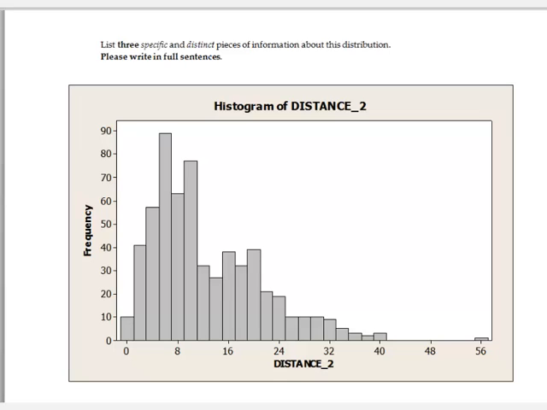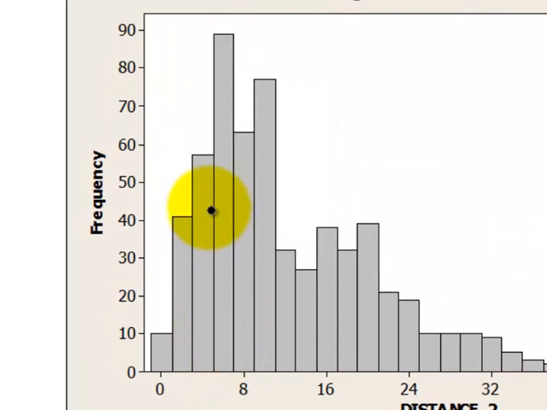Now the next piece of information we want to talk about for this distribution is its peak. We can see that this bin, or it could be called a class, has the largest frequency. Well, before we can talk about this bin, this class, we need to figure out what the class width is.